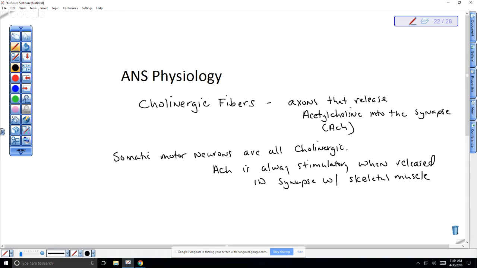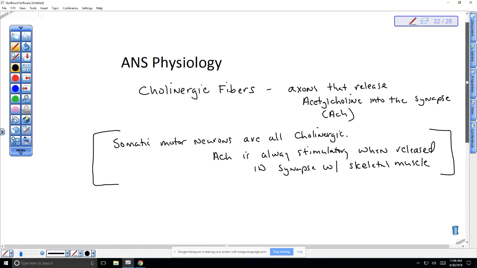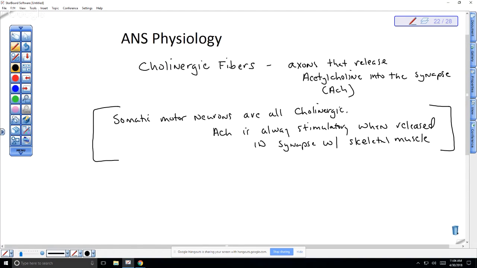Okay, so I'm going to put this in parentheses because this is not really ANS. Autonomic, remember, is different than the somatic. But I just wanted to point out that there's cholinergic fibers there too. So we also have all of the preganglionic.